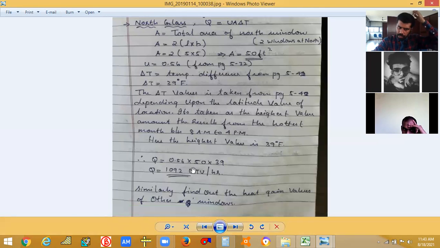So complete this, and similarly find out the heat gain values for the other windows also. And the delta T value for both is 158, and find out the answer. East glass window, west glass window, and find out the answer.